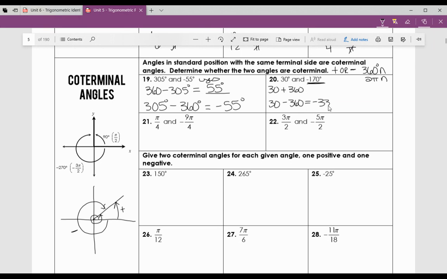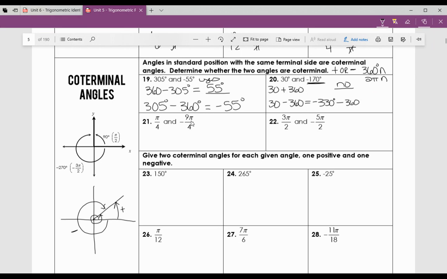It gives me negative 330, correct? Well, negative 330 is not negative 170. Do y'all agree? Okay. If I subtract 360 again, if I do another rotation, I'm way above 170. So these are not. So you can add or subtract any multiple of 360 degrees.